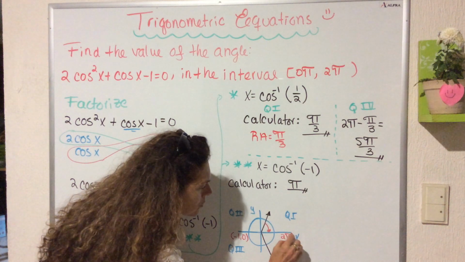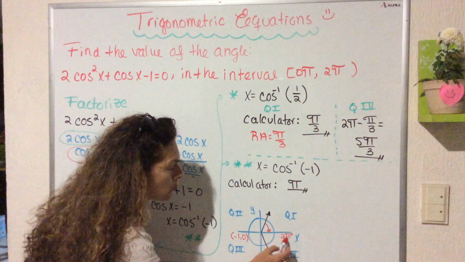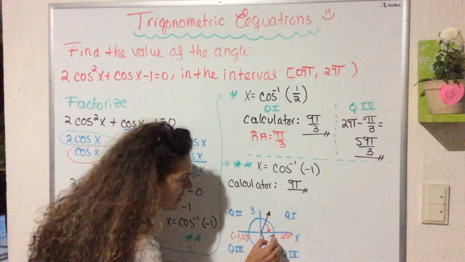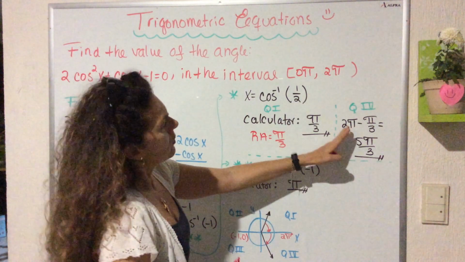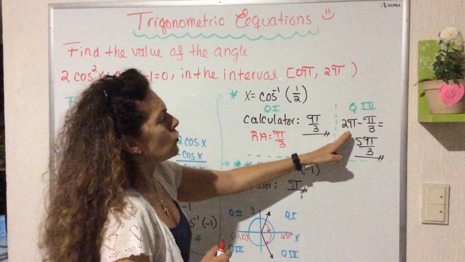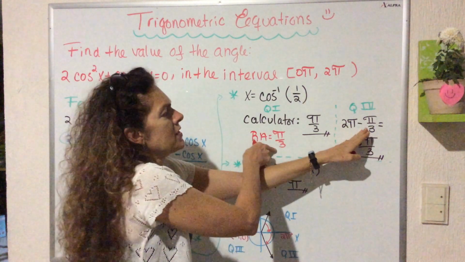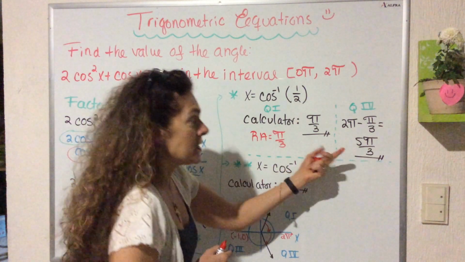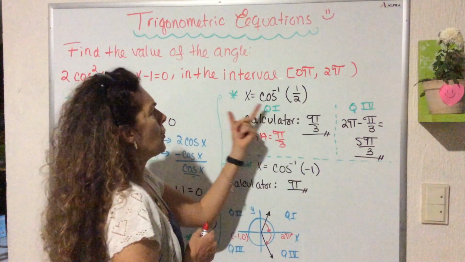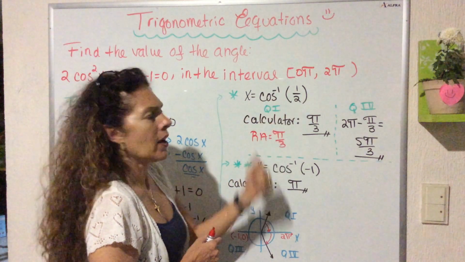So we subtract 2 pi minus the reference angle. That is 2 pi minus pi thirds, and I get 5 pi thirds, which is the second answer for inverse cosine of 1/2.